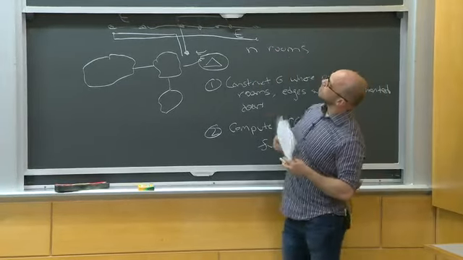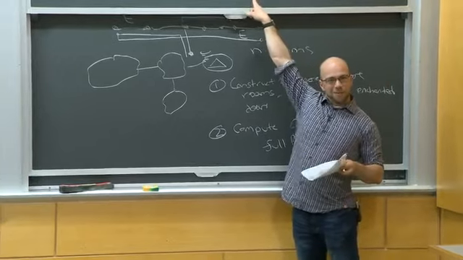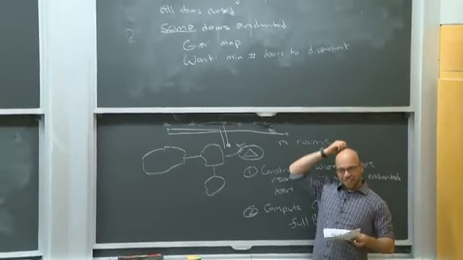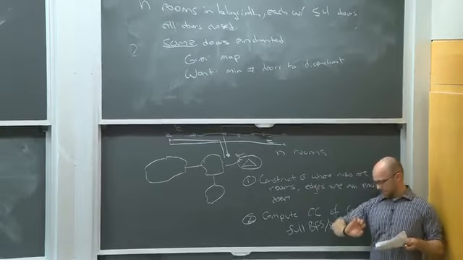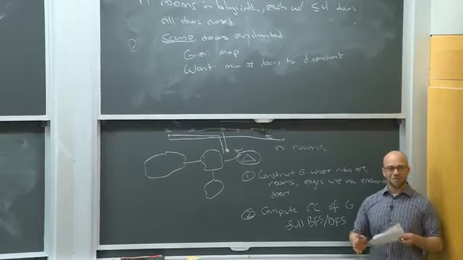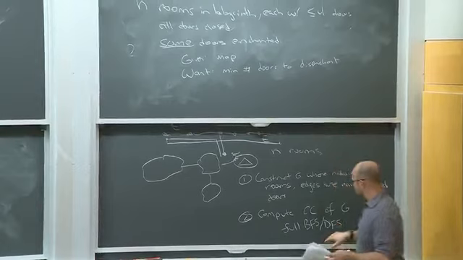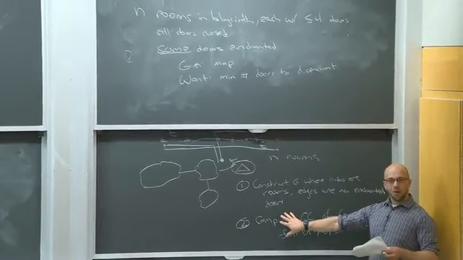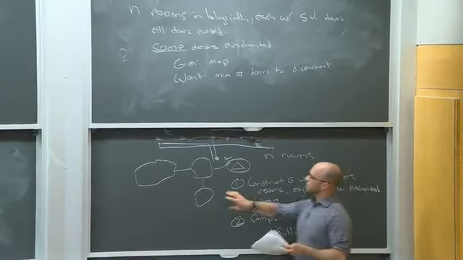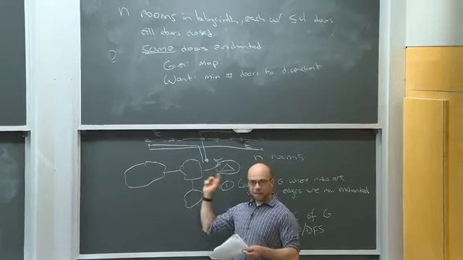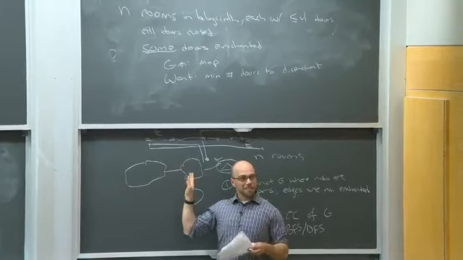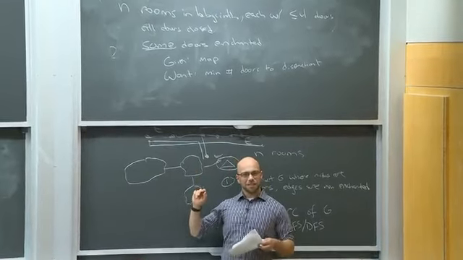But thanks to our degree bound, thanks to knowing that every room has at most 4 doors, you can convince yourself that both the number of vertices and the number of edges are order n, which I should probably rush through because, as usual, I'm going slowly. Okay, so now what do I have? I have a list of all the connected components in my graph, and each one is potentially connected to some other ones by enchanted doors.